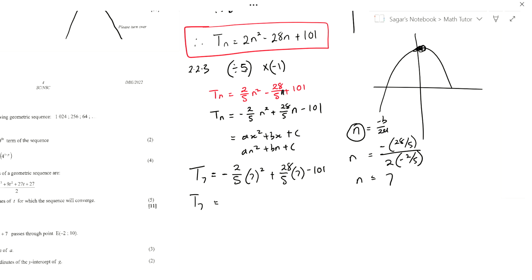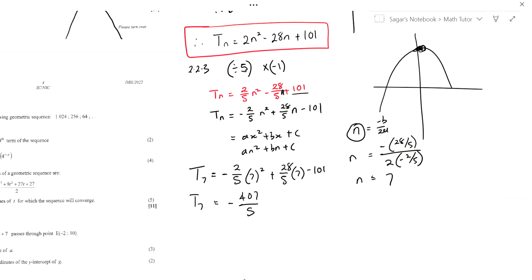I think I'm not putting it correctly into the calculator. I'm getting minus 407 all over 5. I see the problem.